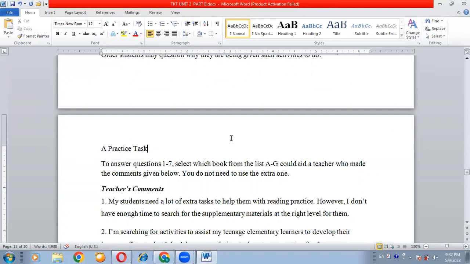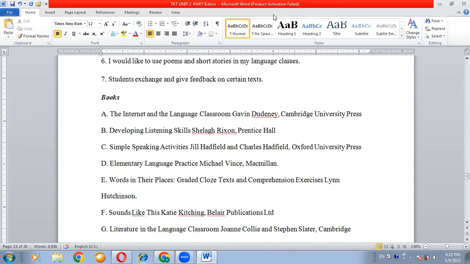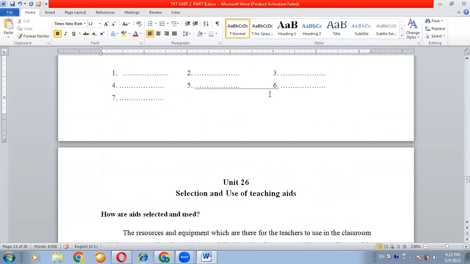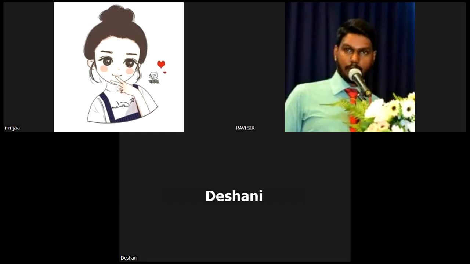For now, do this, and before next week I will select some papers that you can do as homework. Now I can give you about 5 minutes. Try to do it, the practice task.